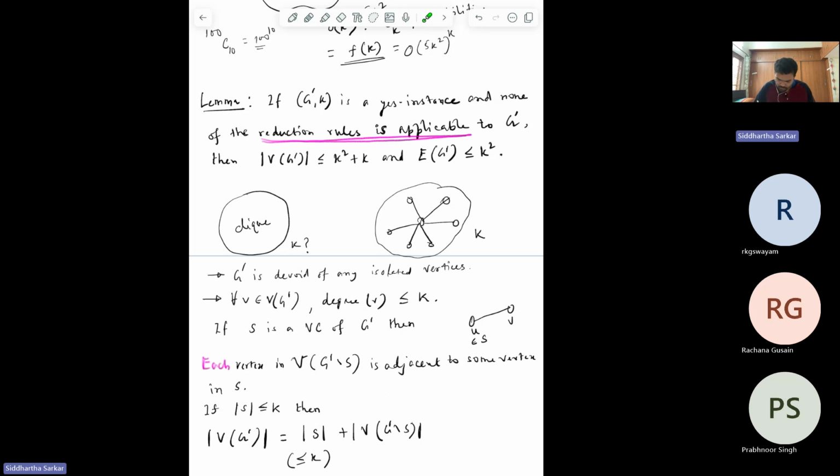Therefore, the number of vertices outside of S is at most k times k. Let me write it properly first. This is less than or equal to k plus k times k.